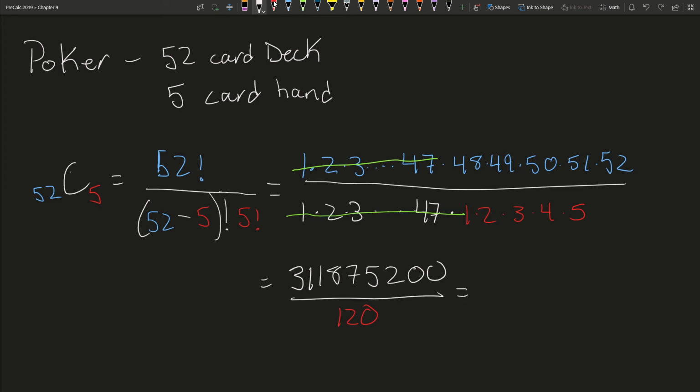And if you reduce that, you get 2,598,960 possible poker hands, which is a lot.